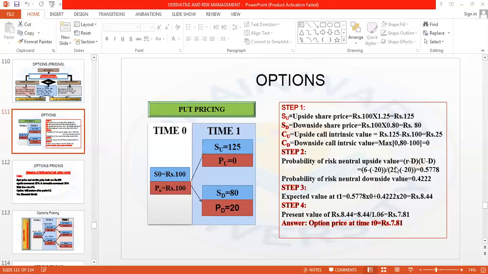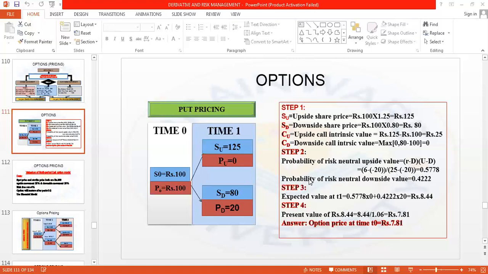The formula remains the same, R minus D divided by U minus D. Since the basic data is also same, so substitute 6% for R, 20% for D, upside plus 25% or 25 for U. So ultimately, the probability remains the same of 0.5778 for upside movement and probability of risk neutral downside movement is 1 minus 0.5778 is equal to 0.422.